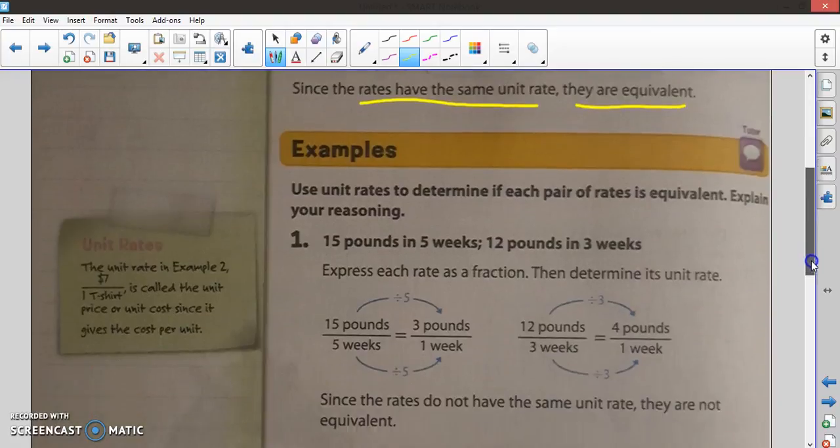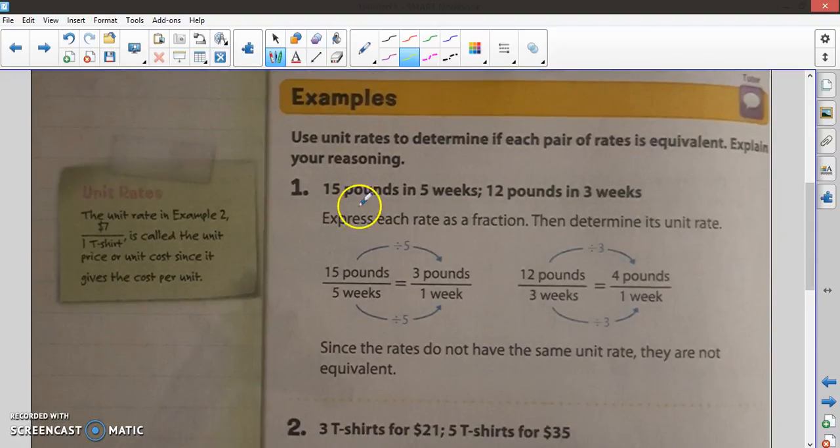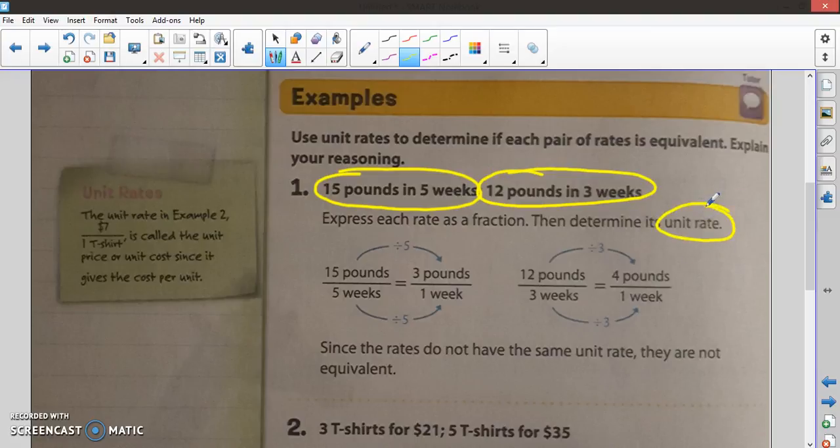So let's look at some examples. Here we're going to figure out, is 15 pounds in 5 weeks equal to 12 pounds in 3 weeks? And we're going to do that by looking at the unit rates. So we start with 15 over 5. We want to find 1 week, so for this one, we're going to divide by 5.